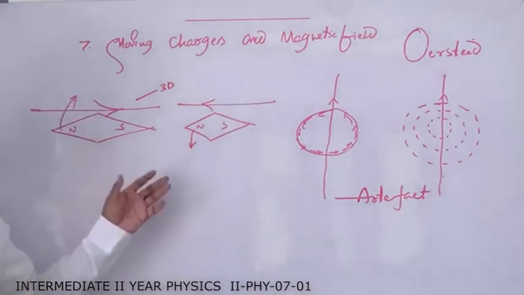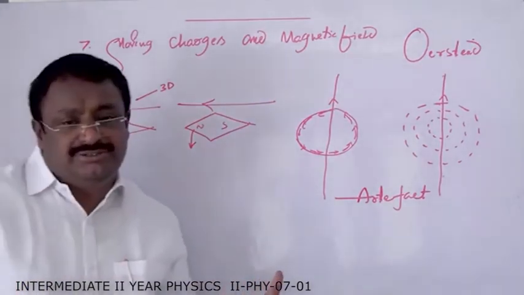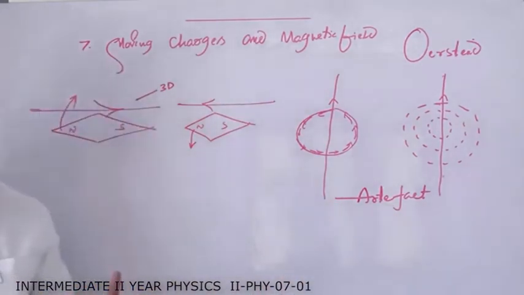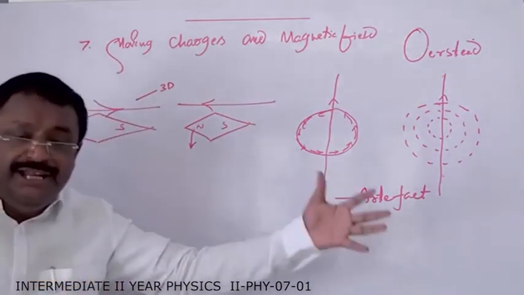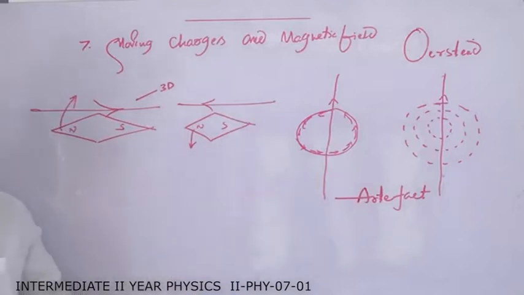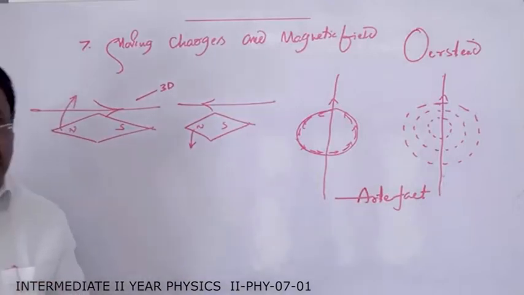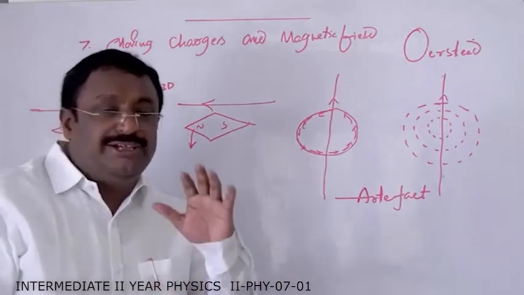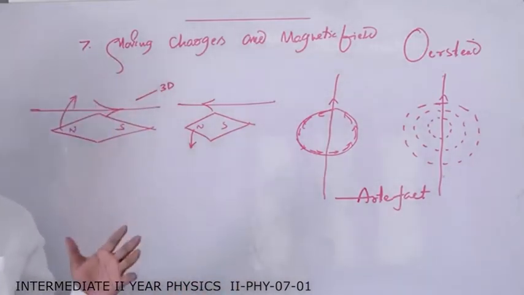The magnetic field cannot spread simultaneously. It will take a definite time for spreading. So the magnetic field is also time variant. But of course, in our chapter, we assume that the magnetic field is independent of time.